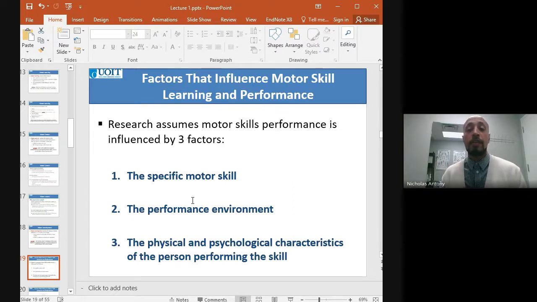And then the last thing is, when Malak was talking about choking, the internal factors of the person performing the motor skill will also influence the person. Think about performing a free throw. Because we're talking about it, what do you see the crowd doing behind it?